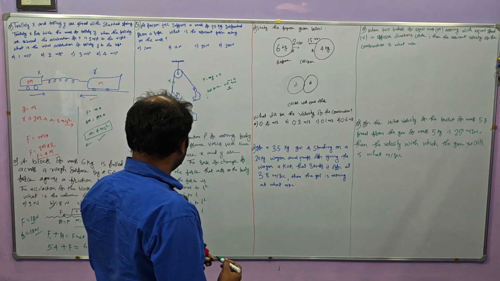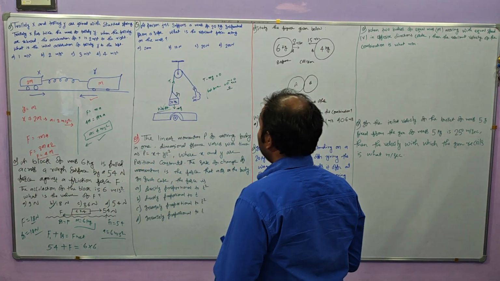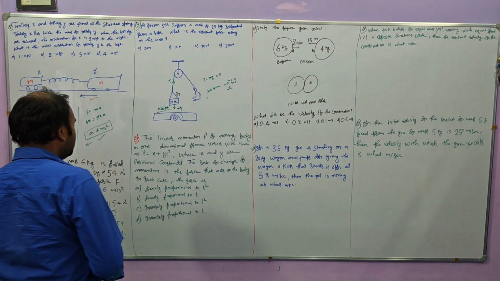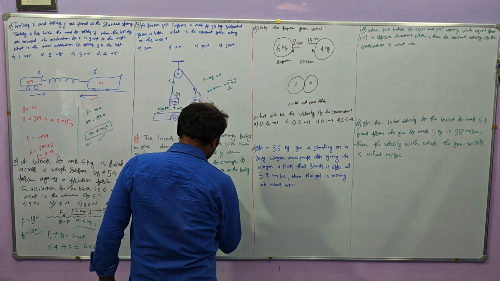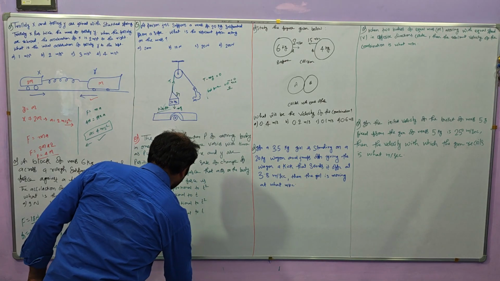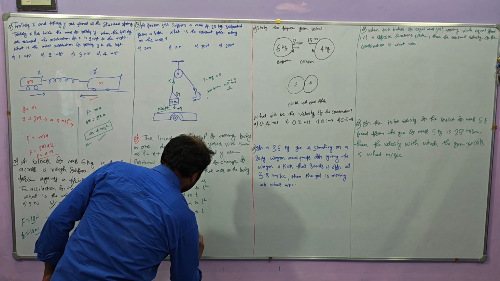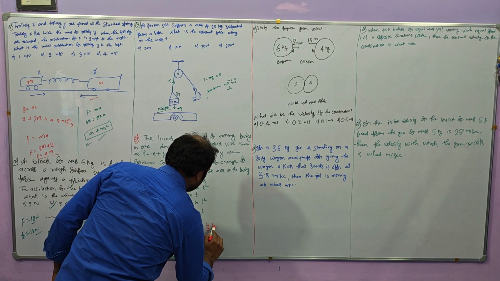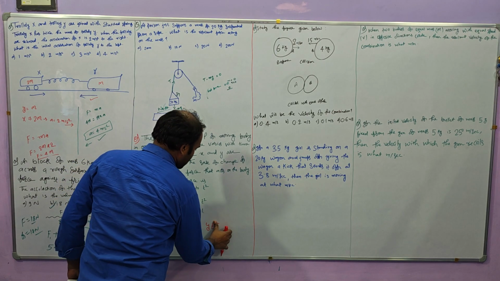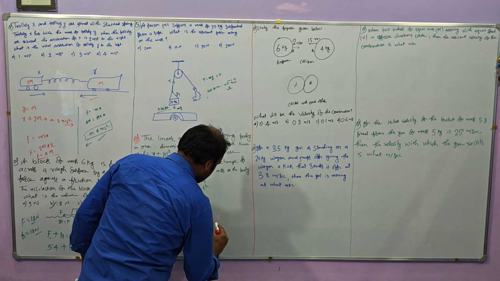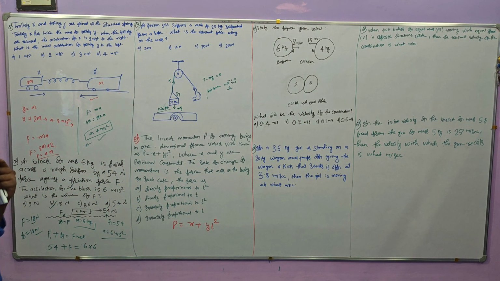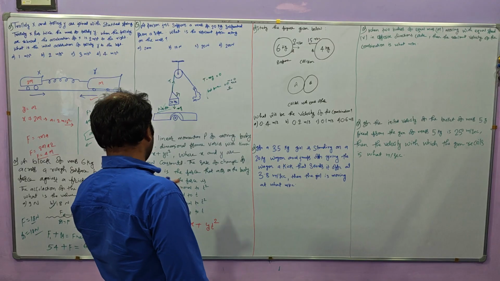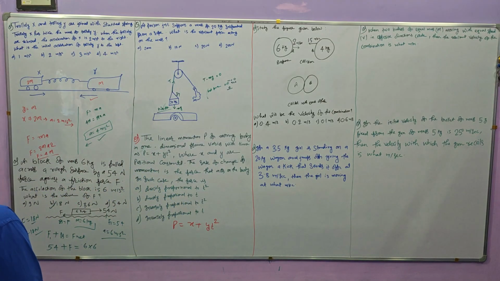The linear momentum P of a moving body in a one-dimensional frame varies with time as P is equal to x plus y t square, where x and y are positional constants. The rate of change of momentum is the force that acts on a body.